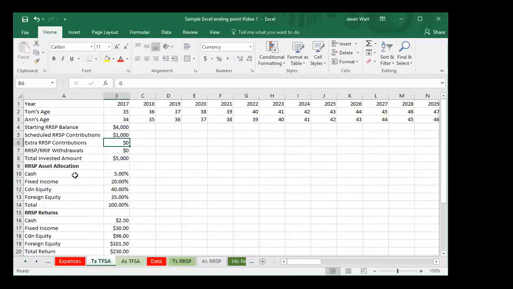All right, and we should probably rename some of these things. That's now our starting TFSA balance. Those are his scheduled TFSA contributions.